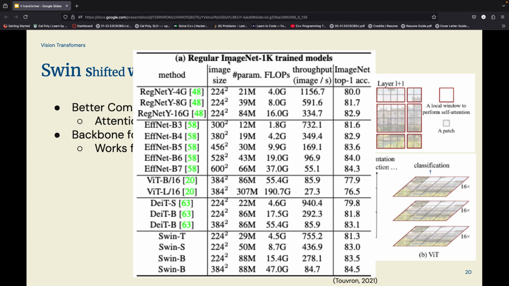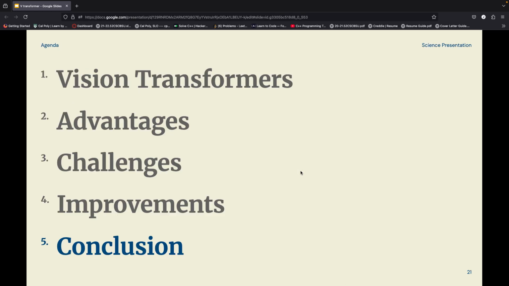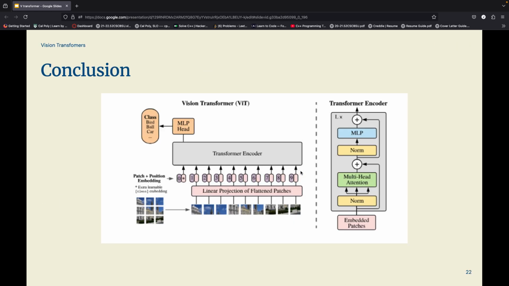And this is only on ImageNet 1K, which is a tiny data set. If you compare the throughput with the original transformers, it is like 10 times faster. It's able to go through a lot more images than the original, which is really impressive. And that's about it for my talk on vision transformers.